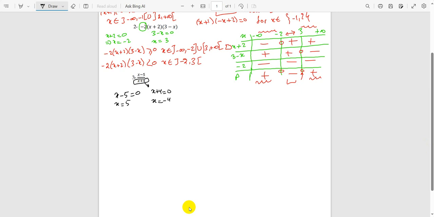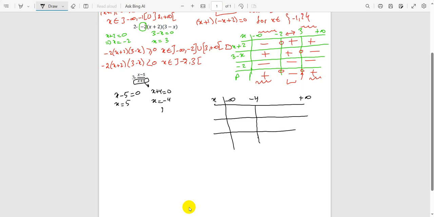Right now, after finding the roots, I will set up the table of signs, x from minus infinity to plus infinity. This is the domain, but also we have a restricted value which is -4. -4 will be a restricted value which is the root of the denominator, and right here we have another root which is 5. Let's see.